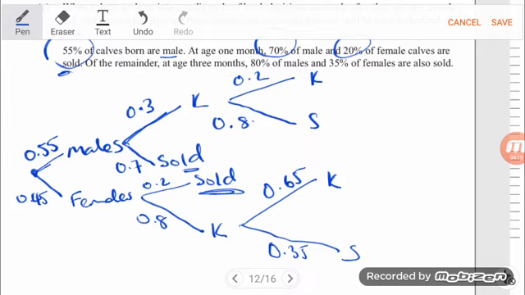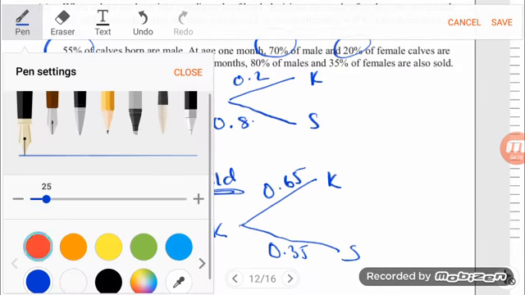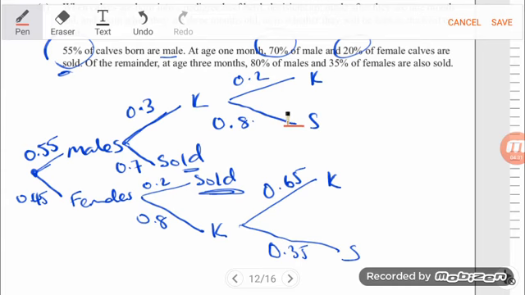That's 55% male and sold. I might use a different colour so we can see this. 0.385 is that one. 0.2 times 0.45, 0.9, 0.9, sorry.